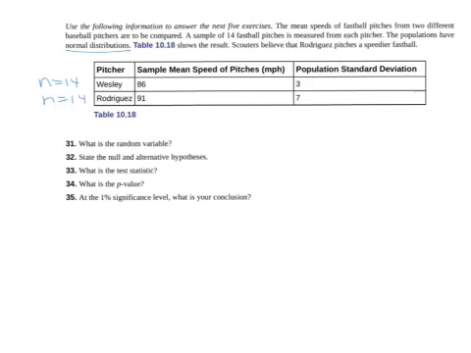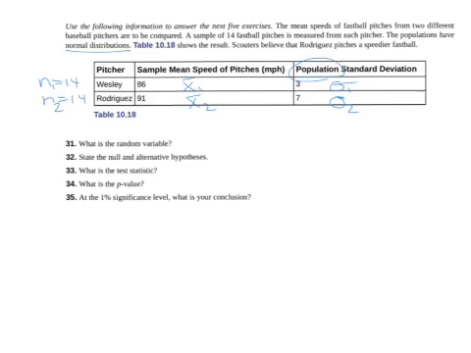And the scouters believe that Rodriguez pitches a speedier fastball. So this is going to be my first sample mean, and this will be my second one. Let's let this be 1 and this be 2. And so here I have sigma because it says population standard deviation. So I have my sigma 1, sigma 2.